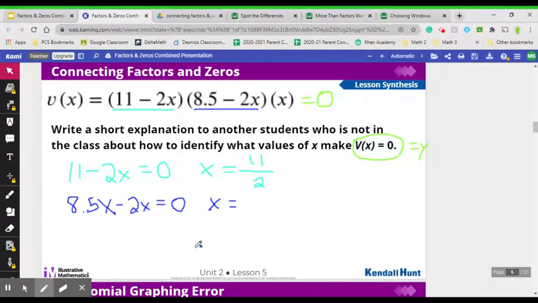So we would just need to do that quick division there. We would just be doing 8.5 divided by 2 and getting 4.25.